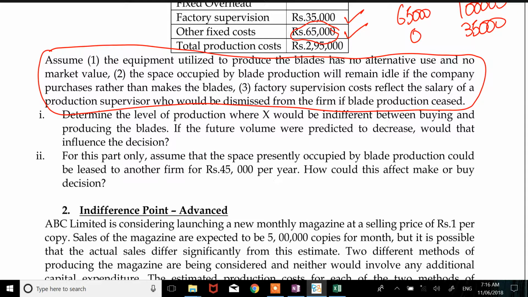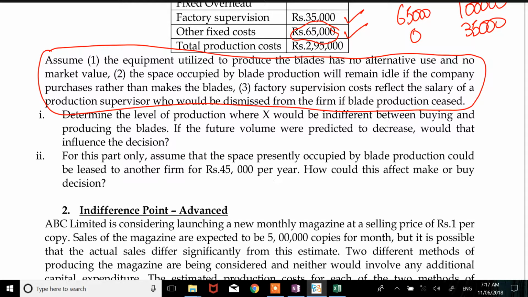Then they have added something saying that if the future volume were predicted to decrease, would that influence the decision? If the future volumes can fall below 6364 units, then the company should shift to which one?